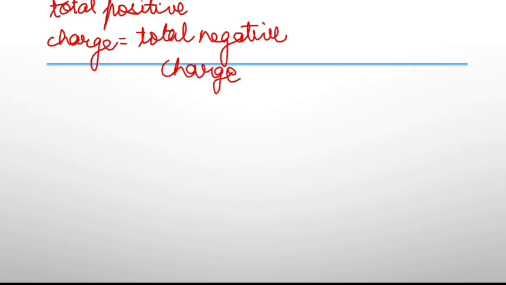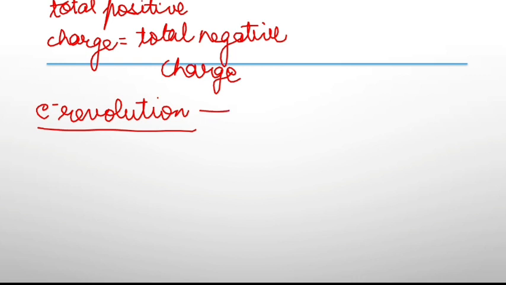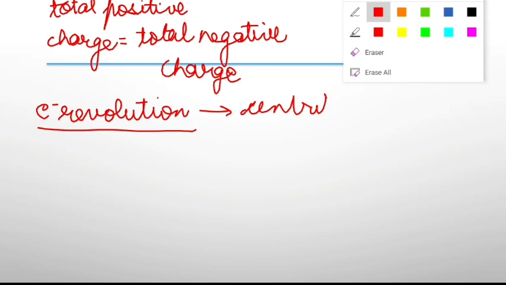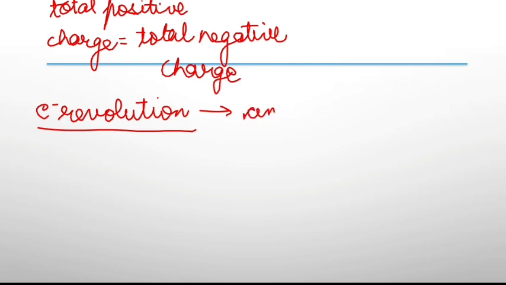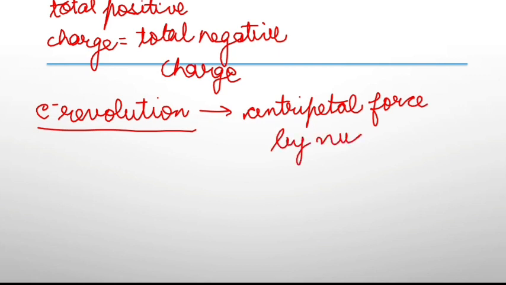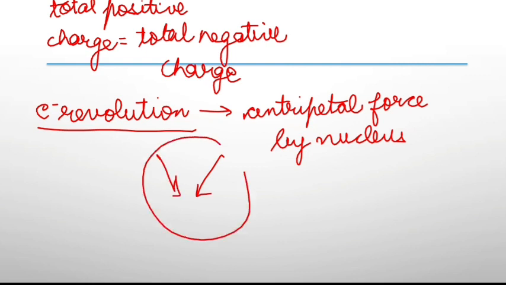And for the electron revolution, so that the electron does not go out of the atom, a centripetal force is provided. This centripetal force is provided by the nucleus, which attracts towards the center. Whenever the electron is revolving, it will always be attracted towards the center.